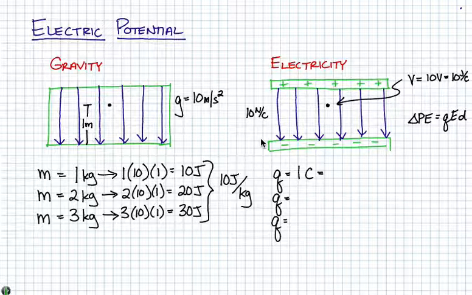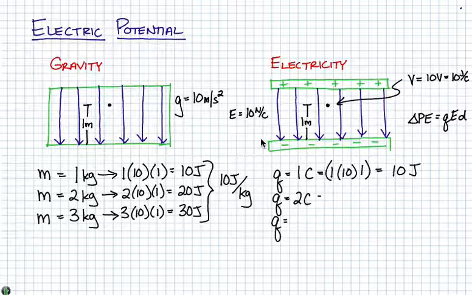The distance we will say will be 1 meter. Well, you can see when I place 1 coulomb of charge, my charge is 1, my electric field is 10, my distance, or my height here, is 1. So I will get 10 joules of potential energy.